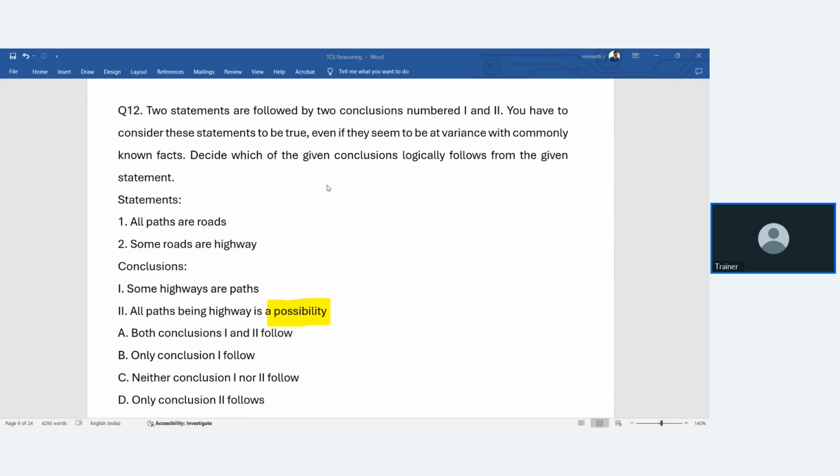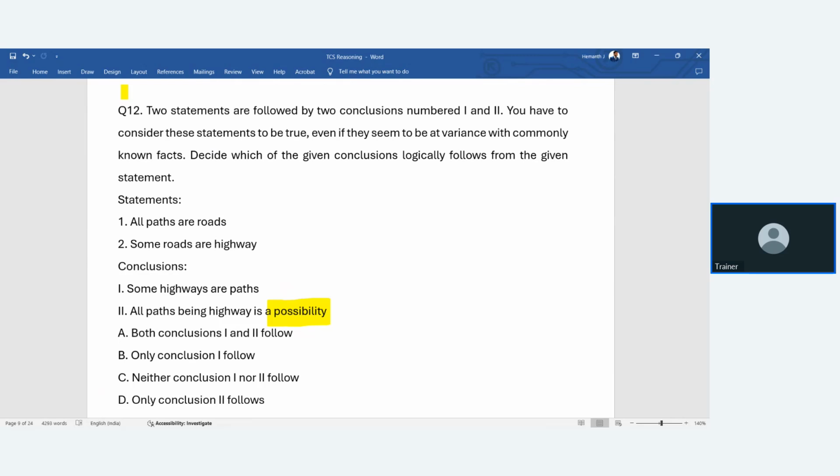Try this one. Here, the possibilities mean satisfying one diagram also is okay.